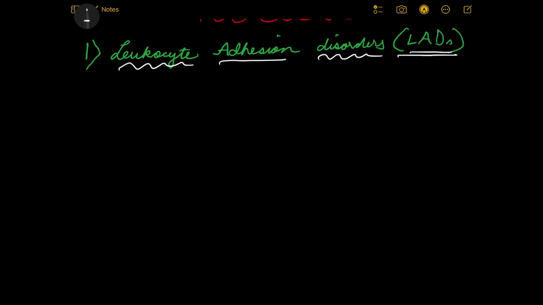So what would, from your common sense, what would happen in that case? What will be the clinical picture of a patient with leukocyte adhesion disorder? Very easy. You have a problem with leukocytes. So what will be the clinical picture? Yes, obviously, very good.